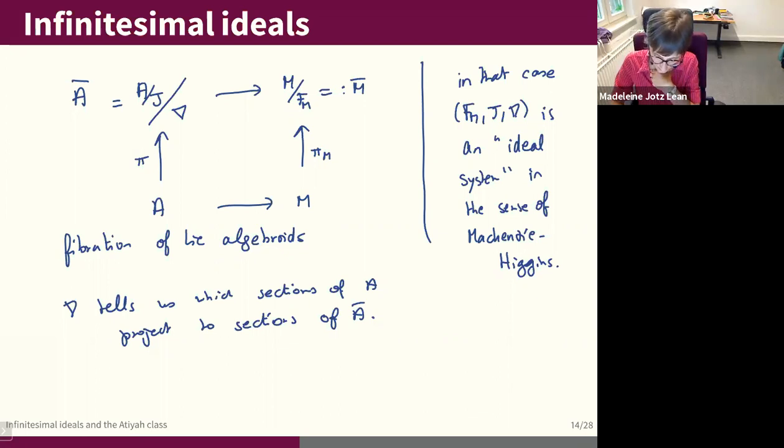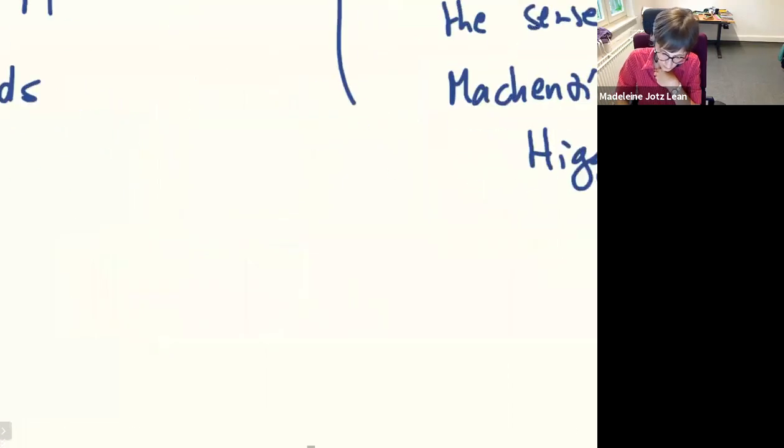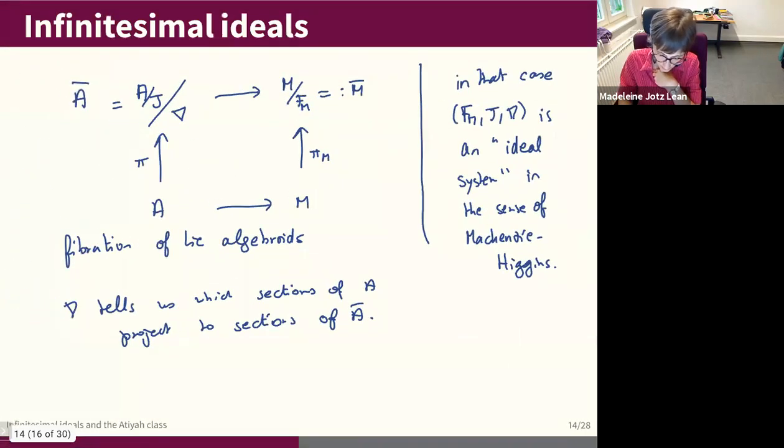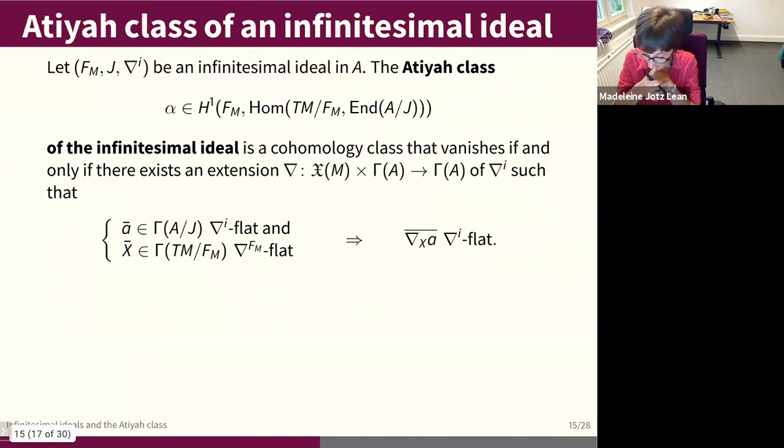Okay, so then what did I want to say? Right, then we can consider again an Atiyah class. Really the same construction as before. I'm writing nabla I this time for the ideal connection, just to differentiate it from its extension. So we want to find an extension of this ideal connection.